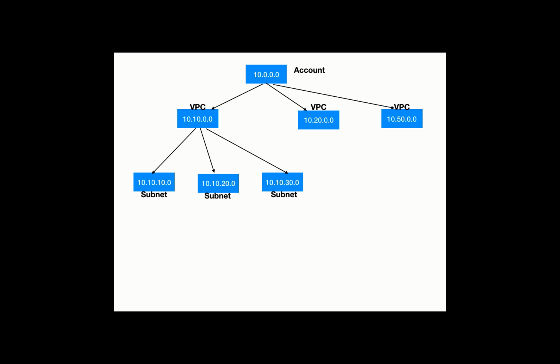We're going to add 3 subnets with code 10, 20, and 30. And so the address for the subnet first becomes 10, which is the account, 10 VPC, .10, the subnet. For the third one, it'll become 10.10.30 because 30 is the subnet code that we assigned to that subnet. Same thing on this side, 10.50.11.0, 10.50.111.0.